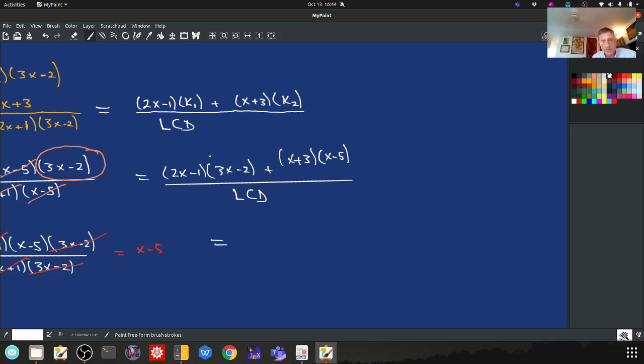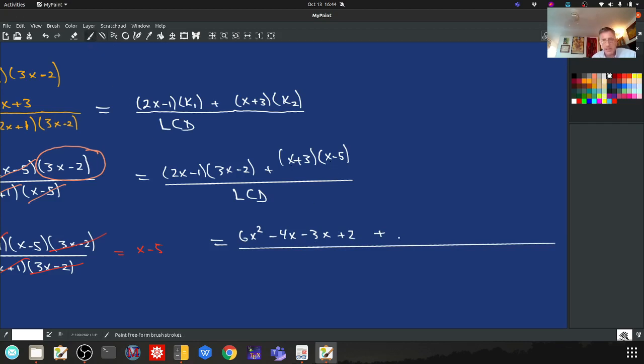So now you have to FOIL these. So 2x times 3x is 6x squared. 2x times minus 2 is minus 4x. Minus 1 times 3x is minus 3x. And minus 1 times minus 2 is plus 2. And I'm adding, all of this is over one big, huge, long division line, right?